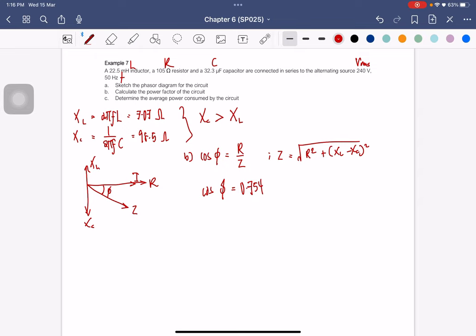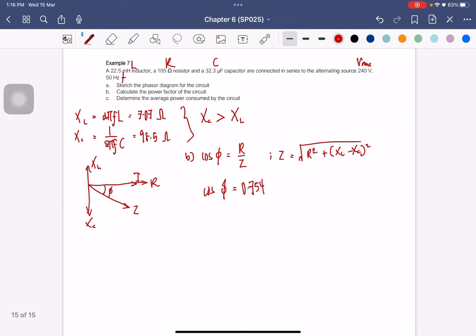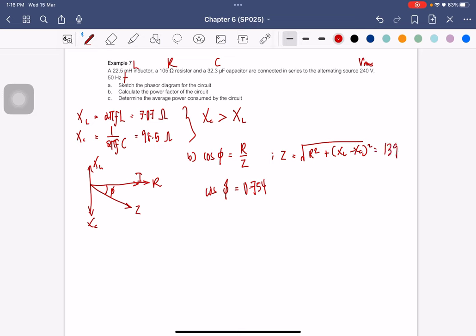Square root this, so your Z is supposed to be 139 ohm, and then R is 105 divided by this, we will get 0.754. Yes, so that is the power factor lah.